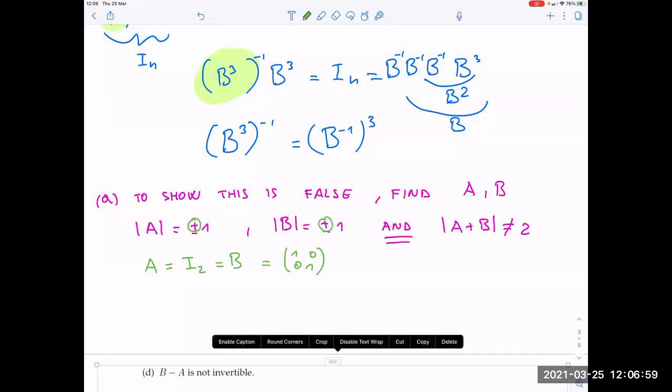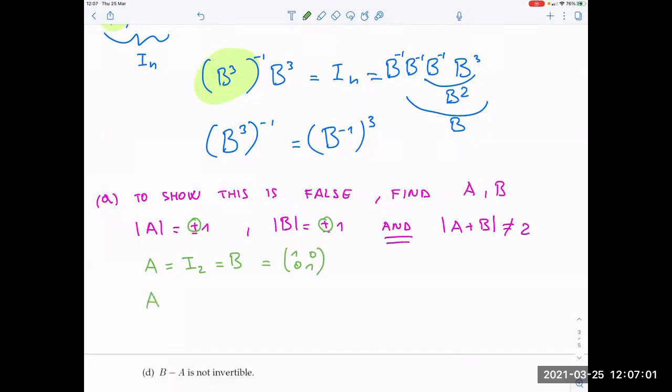Then I produce A plus B, and in doing that, I get a matrix 2, 0, 0, 2. And what is the determinant of A plus B? Well, I think almost everyone knows this is going to be number 4. So this is why option A is wrong.